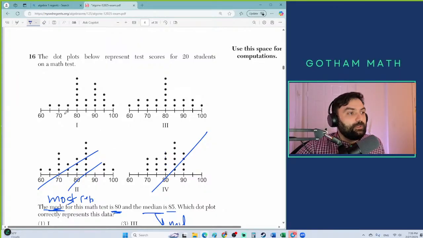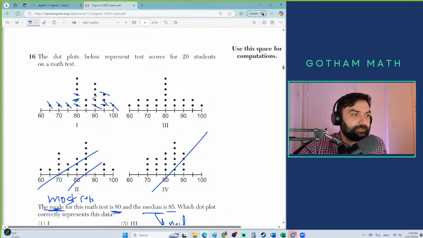So we're going to take away 1 point here, 1 point here, and so on, the lowest and the largest, here, here, here. What's left? Only one number is left. It's 85. Those 2 points are left for 85. It means that this is going to be the median, which means that the answer is number 1.